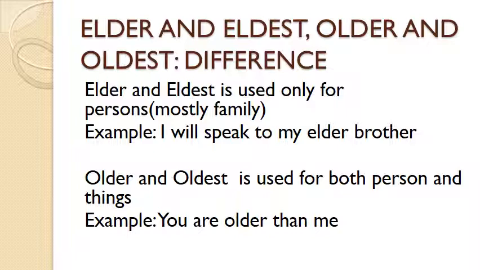But we can see the next one also, where we can use older and oldest. It can be used with a person as well as for things also. You are older than me. As you are not a part of my family, I can use older. If you are a part of my family, I will use elder. That's the difference.